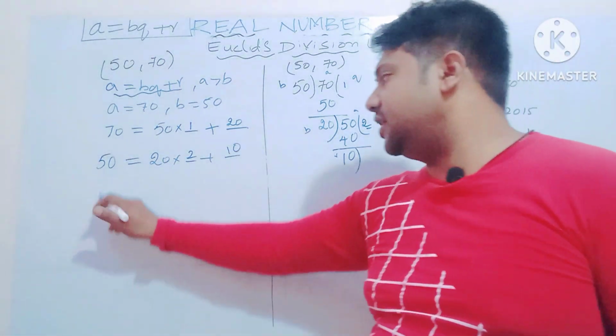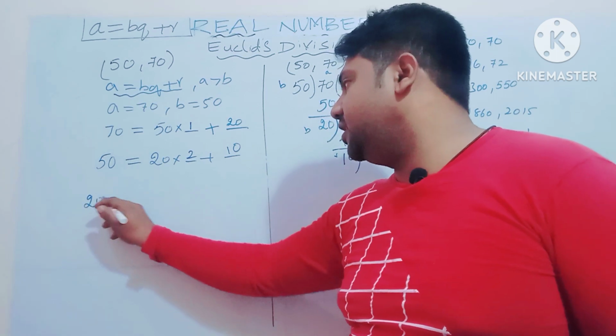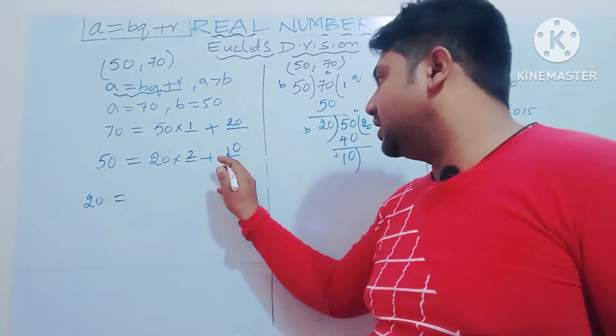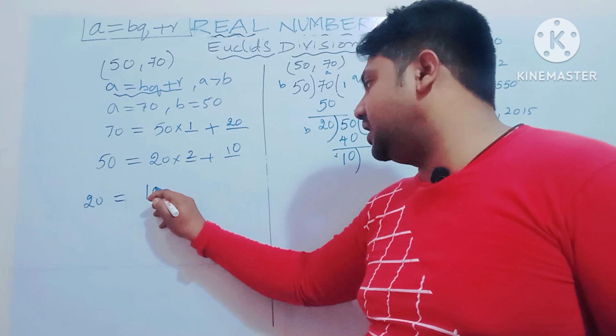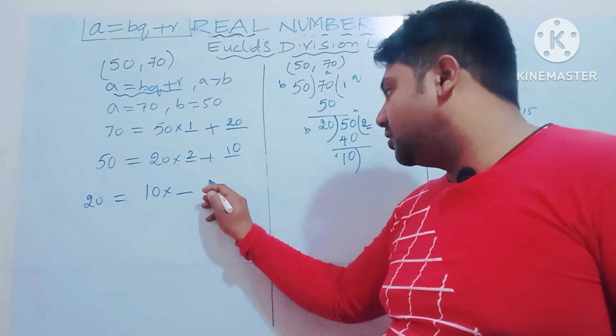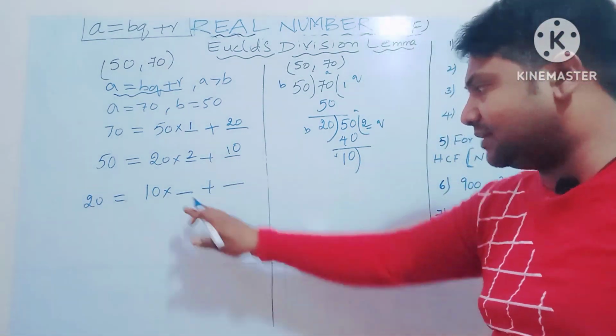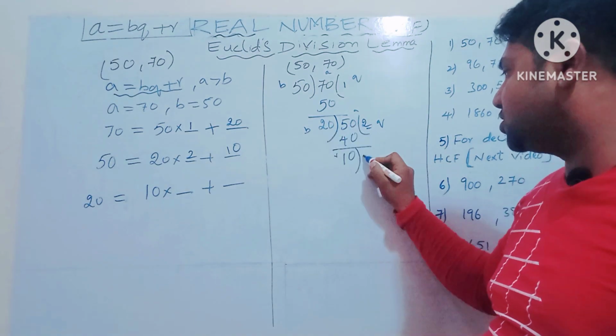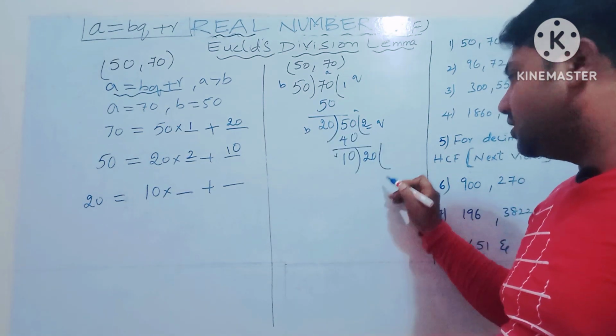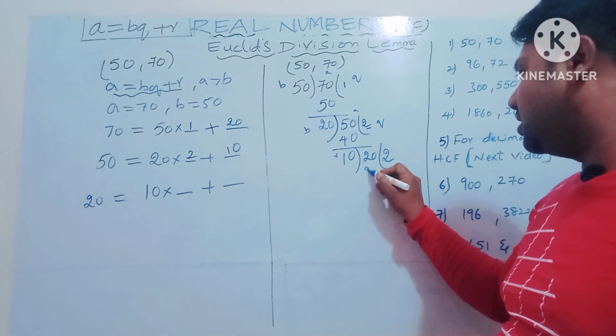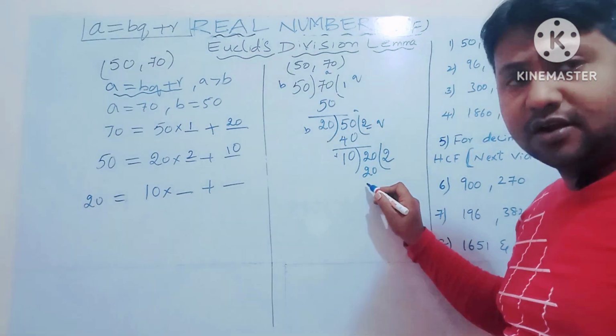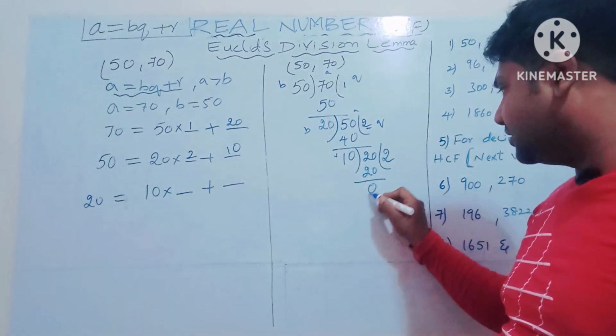Now again B will become A. So 20 is equal to, R will become B, so 10 into something plus something. Here 20 comes. 10 2s are 20. What is the remainder? 0.